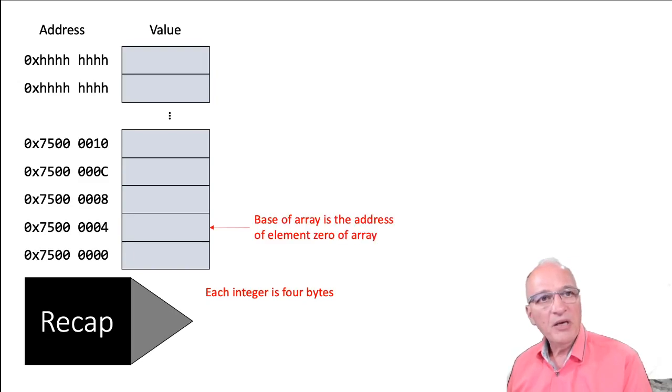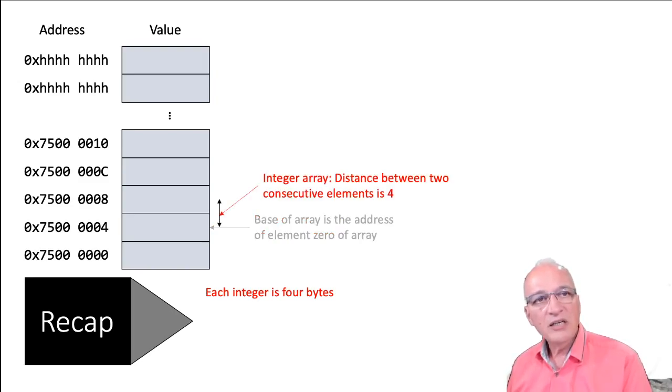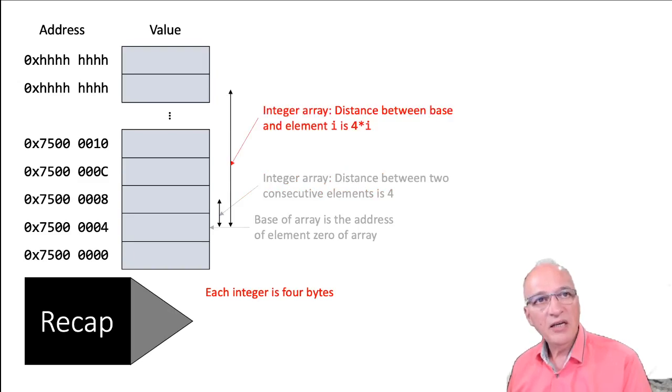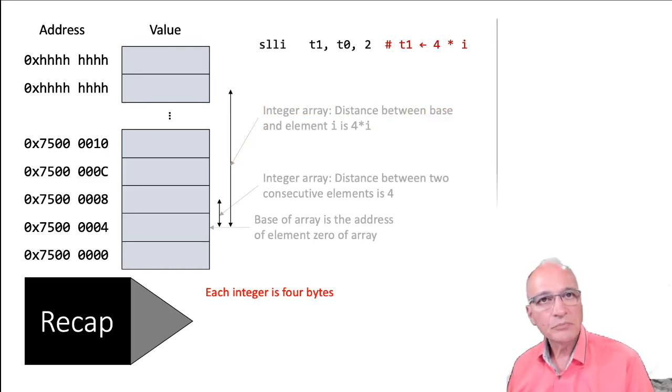We saw that the base of the integer array is the address of element 0 of the array. The distance between two consecutive elements in an integer array is 4. And I can find the address of element I of an array of integers by computing the value 4 times I, which I do using a shift left logical immediate instruction.